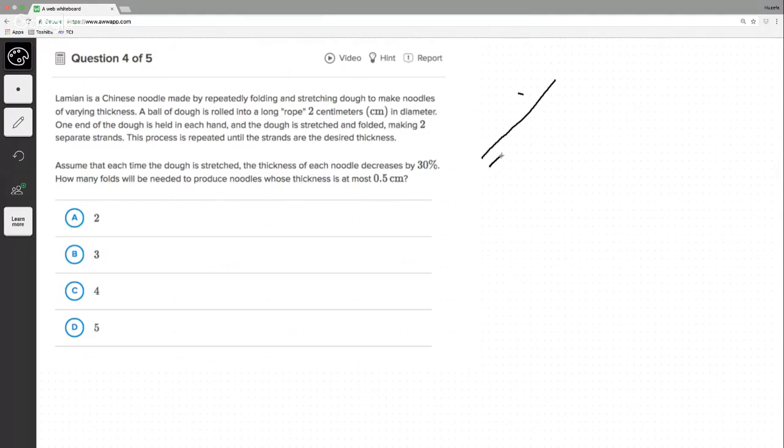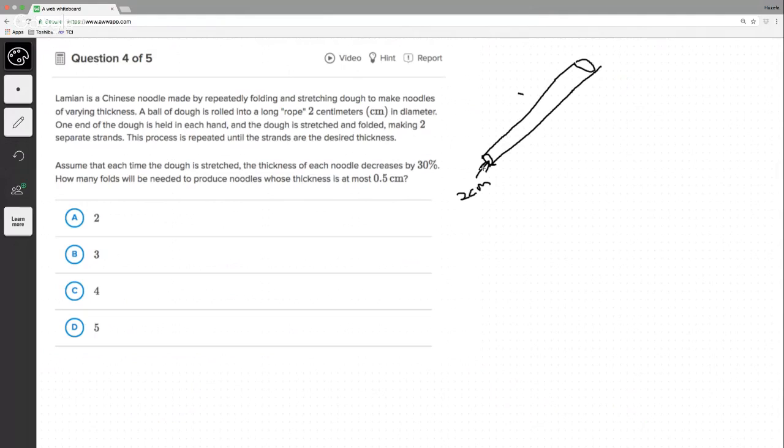Let's assume it's something like this, kind of drawing it out here, and we'll say this is 2 centimeters. One end of the dough is held in each hand, and the dough is stretched and folded, making 2 separate strands.